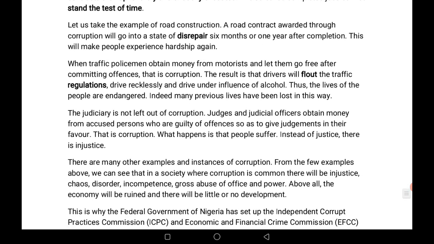The writer also looked at corruption among policemen, especially the traffic policemen, whereby they allow motorists to go freely after committing offenses. And in the long run, such motorists flout traffic regulations. They drive recklessly, and even some of them drive under the influence of alcohol, that is, after drinking alcohol.